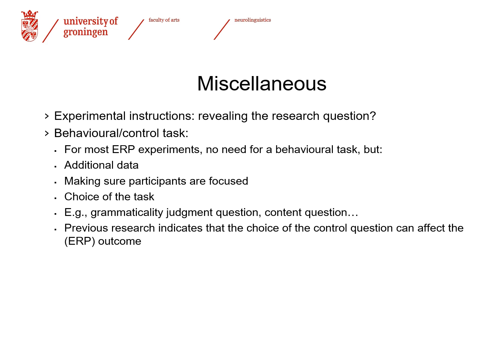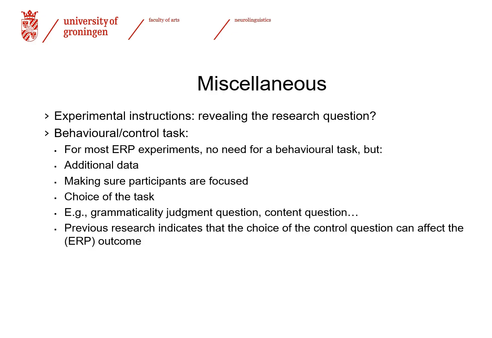Now, if we are talking about a comprehension experiment such as listening or reading, how can we actually make sure that our participants are indeed paying attention? We usually achieve that by introducing a behavioral task in addition to the EEG recording. In case of sentence processing with ungrammatical sentences, this can be a grammaticality judgment task, or it can be a content question. And mind you, it's been shown that the nature of this task can actually affect the results.